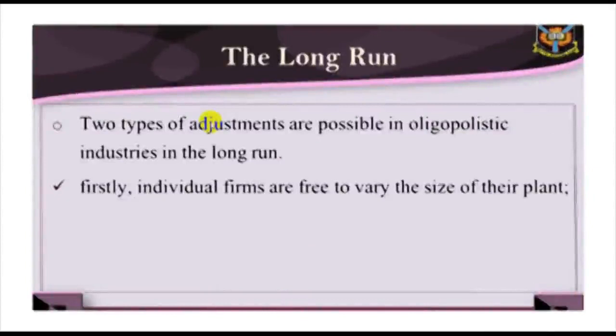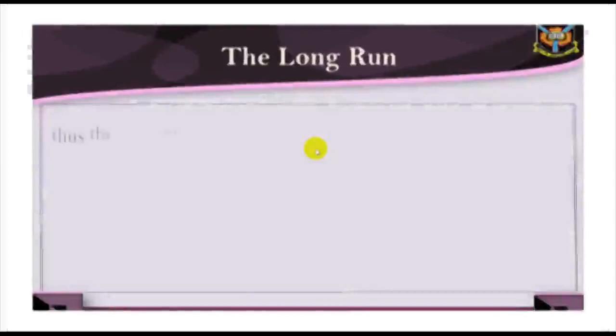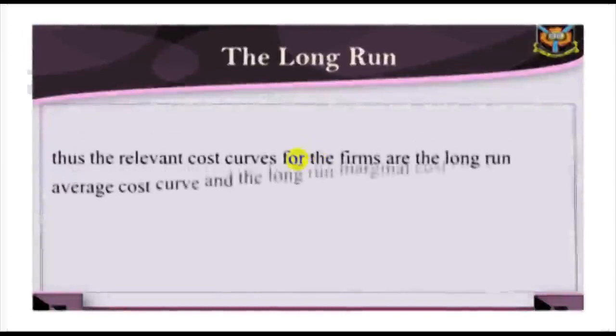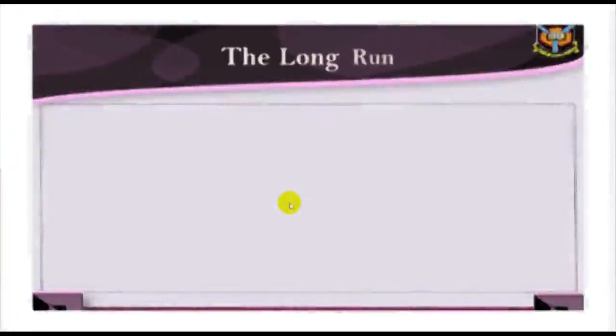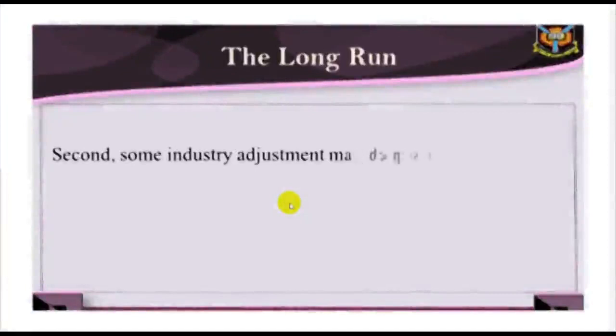In the first place, individual firms are free to vary the size of their plants. Thus, the relevant cost curves for the firms are the long-run average cost curve and the long-run marginal cost curve. Second, some industry adjustment may be possible in the form of entry into the industry or exit of old firms from the industry.